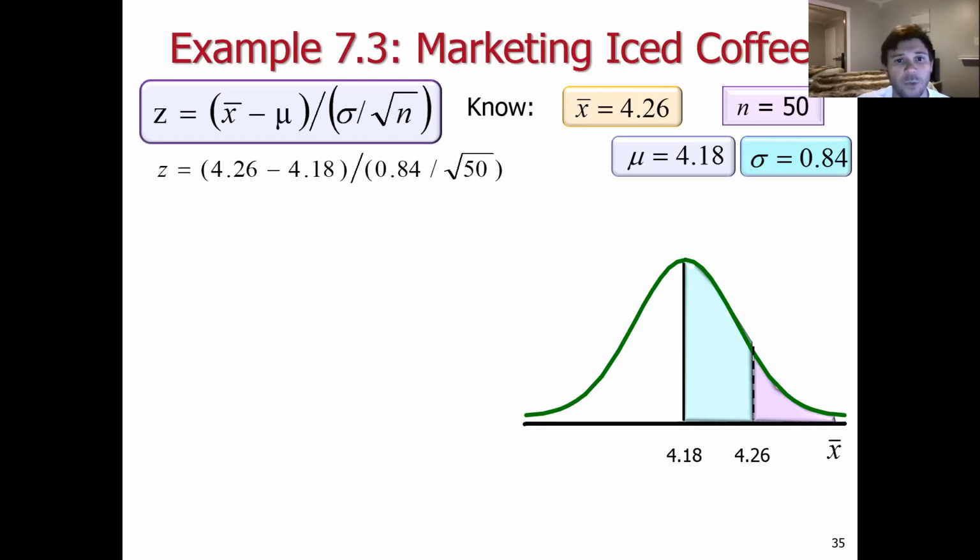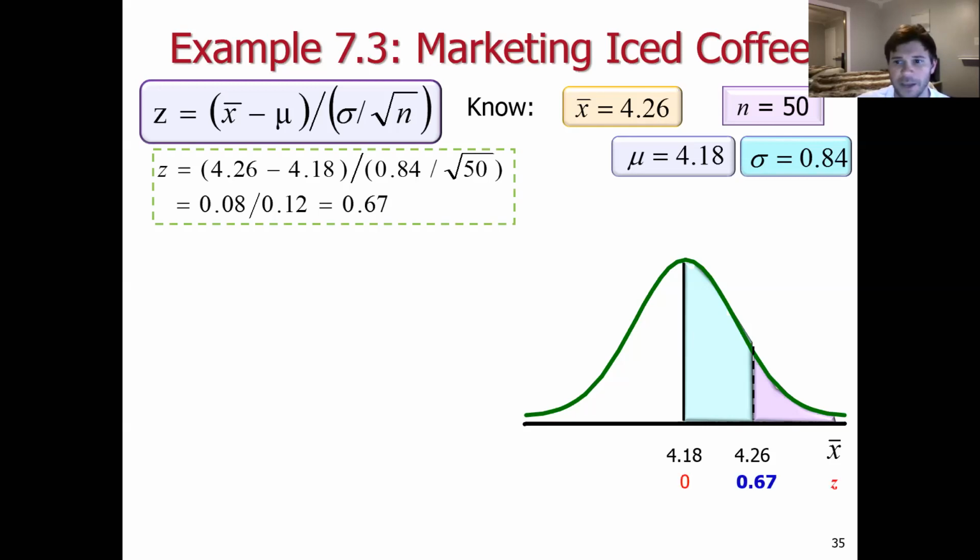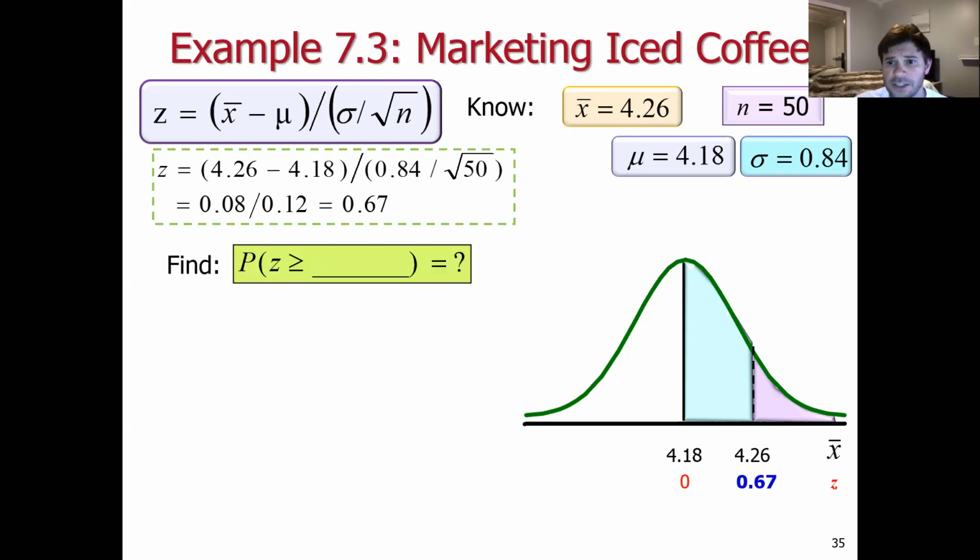And when we do that, we will have converted our X bar into a Z-score of 0.67. And so we've started in X space, we switched our problem to Z space, and now the equivalent problem here is, let's find the probability that Z is larger than 0.67.